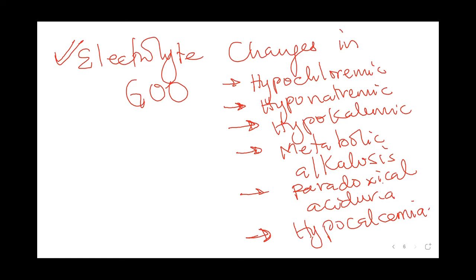The chief complaint of patients with gastric outlet obstruction is recurrent vomiting. And this vomiting is predominantly of acid, HCl, hydrochloric acid of the stomach.